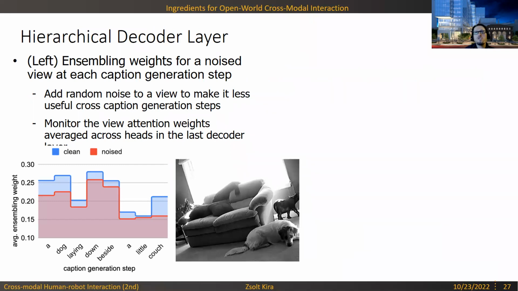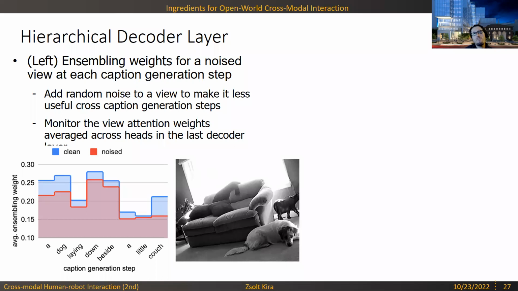Okay, and we could try to understand what this is doing. And again, we have this hierarchical attention. And so what we intuitively want to do is, for example, attend over the different views. So sometimes the object detections might be important. Sometimes the image level information might be important. Sometimes the textual information that we retrieved might be important. And so we want the model to dynamically switch between these.